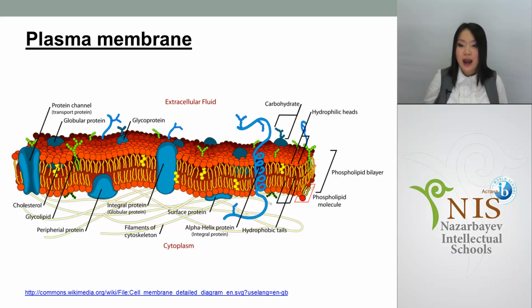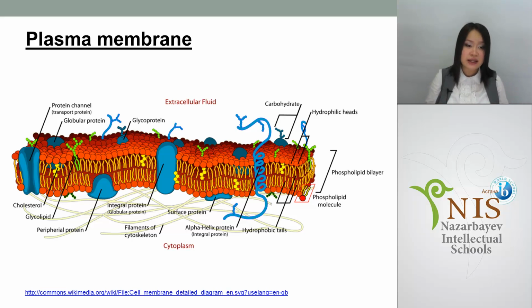For example, the hydrophilic heads, the phosphate heads, are hydrophilic, and the tails are hydrophobic, they don't like water. This structure helps the cell to fix its shape, and it prevents the cell from mixing in with other cells.